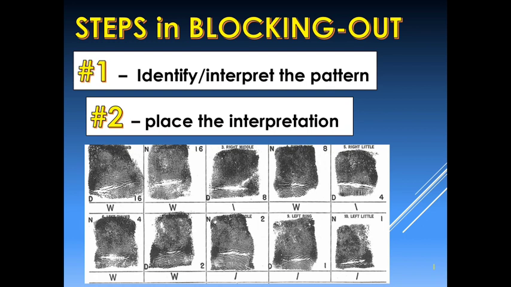To begin with the steps in blocking out, first we need to identify or interpret the fingerprint patterns. This will be the challenge. You must be familiarized with the different elements of the fingerprint patterns. Again, to review, the fingerprint patterns are the plain arch, the tented arch, the radial loop, ulnar loop, and then the plain whorl, the central pocket loop whorl, the double loop whorl and the accidental whorl.